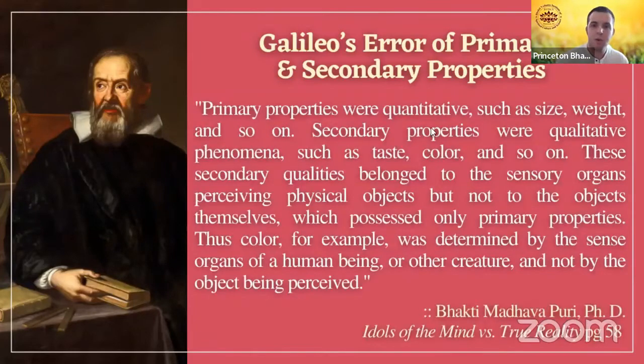Primary properties were quantitative, such as size, weight, and so on. Secondary properties were qualitative phenomena, such as taste, color, and so on. These secondary qualities belonged to the sensory organs perceiving physical objects, but not to the objects themselves, which possessed only primary properties. Thus, color, for example, was determined by the sense organs of human being or other creature, and not by the object being perceived.